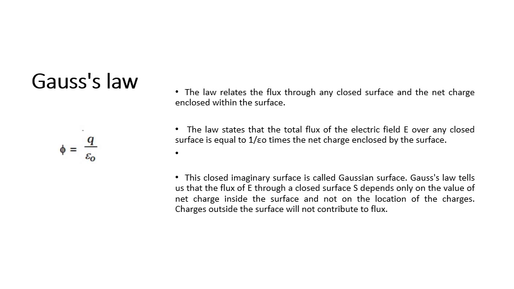Whenever some charges are present at some place, we assume a closed surface around them, and then we use Gauss law, which relates the flux of the charges inside with the surface.